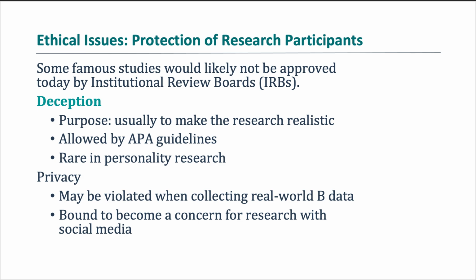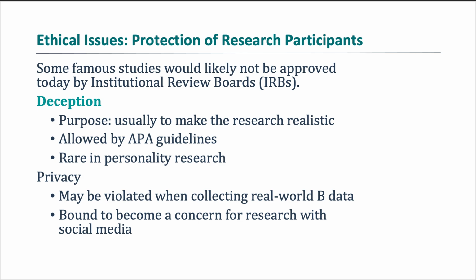Now, when we do these things, I want you to know that whenever you do any type of study, you have to go through what's called an IRB, or an institutional review board. What we're doing is, we're concerned about the consequences of what we're doing with participants, and so IRBs are going to look at those.